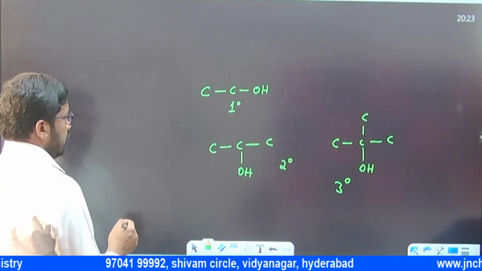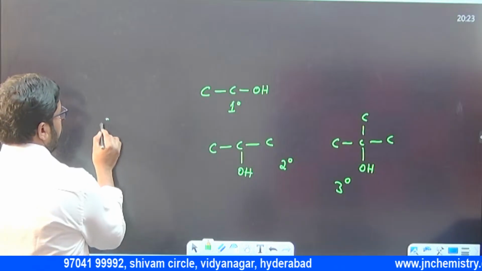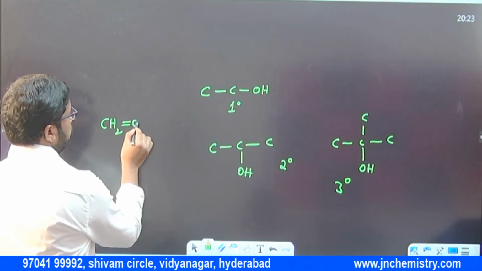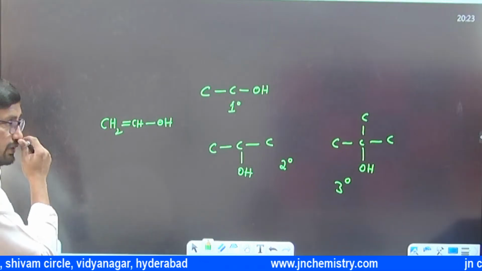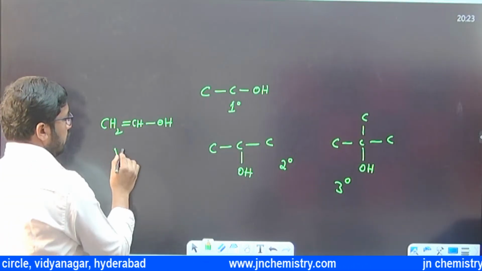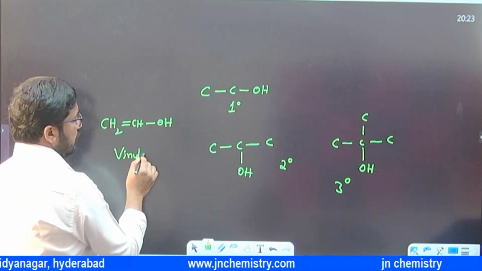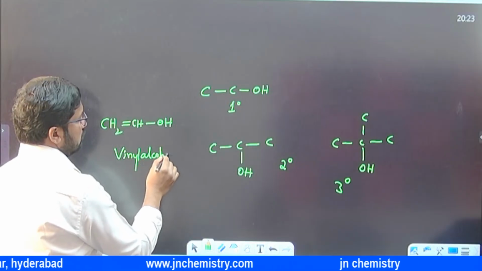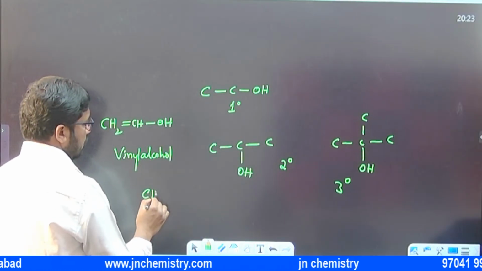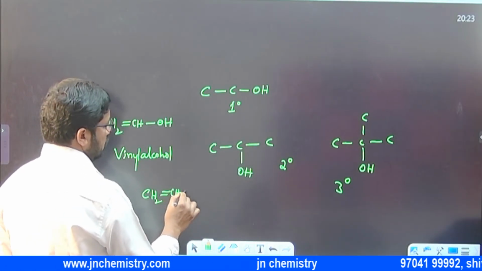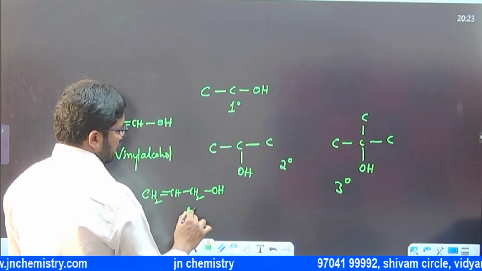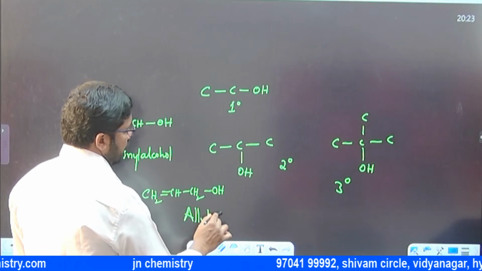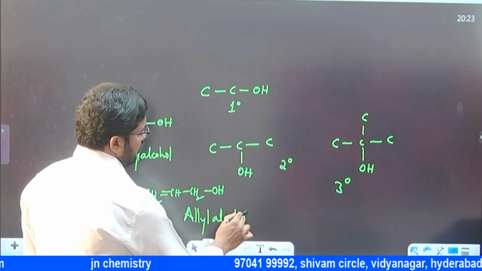Primary alcohol, for example, CH2=CH-OH. Yesterday I told you that, right? This is vinyl alcohol. This is CH2=CH-CH2OH. What is this?